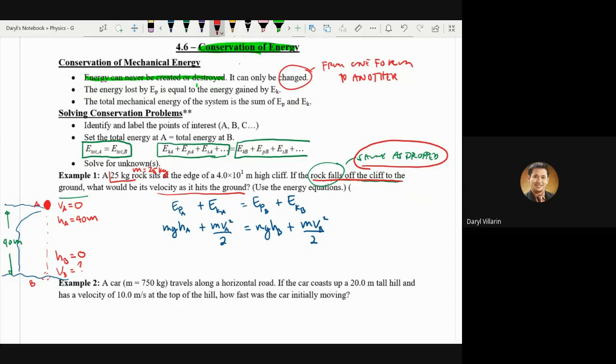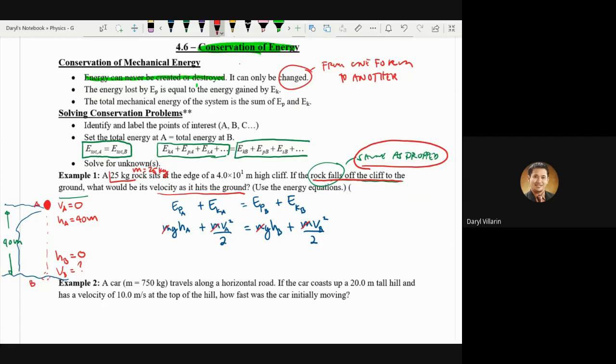So actually, you can see here that mass is irrelevant in this case because it's present in each of the terms. So I can just divide both sides by m, and that would cancel out. Okay, so the first expression would become GHA.